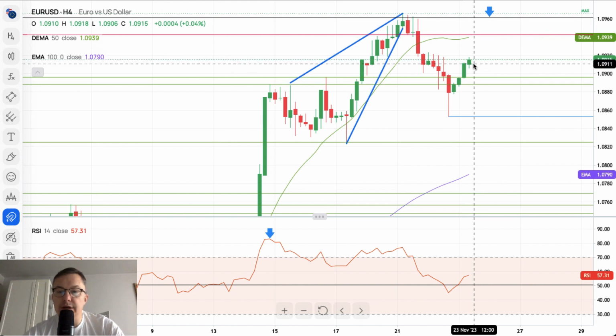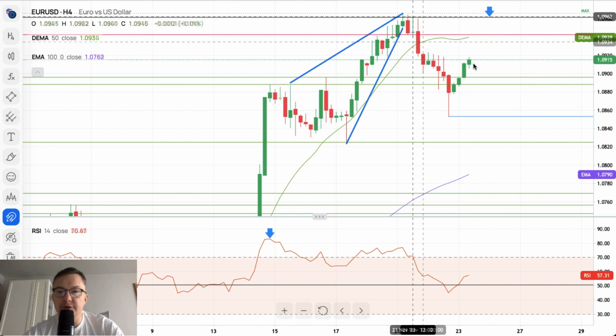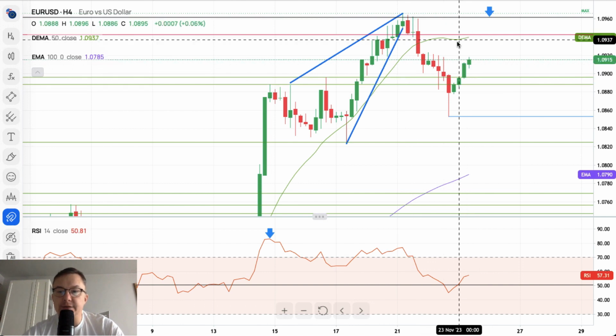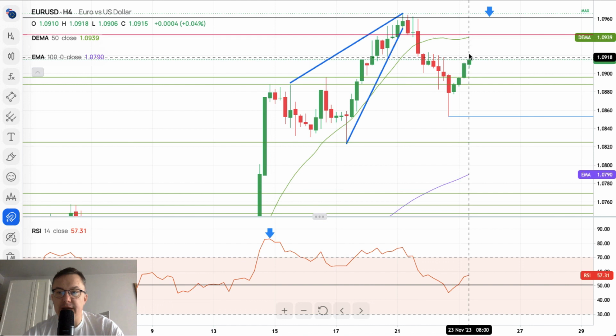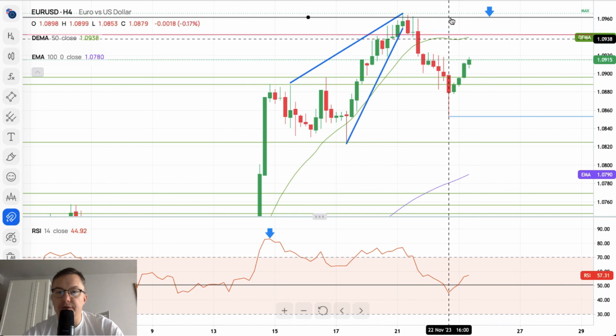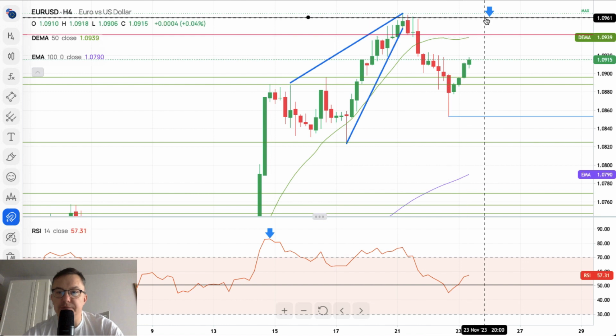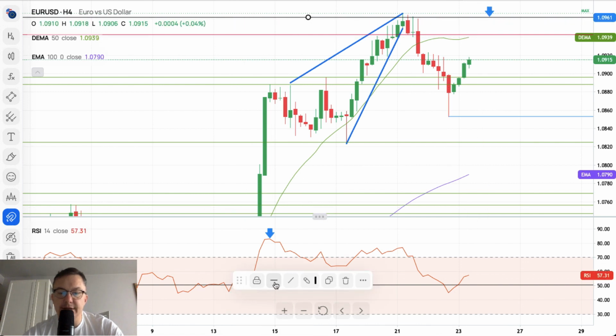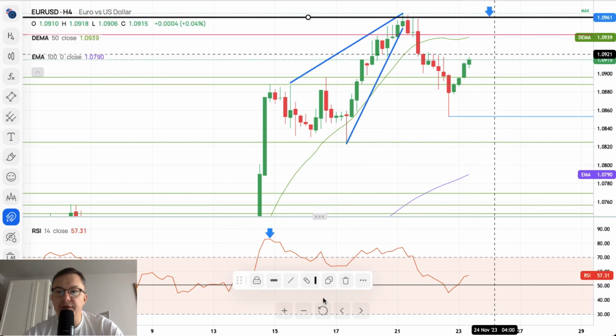What we need to do right now to regain more of the loss during this pullback is to test the 50 periods moving average 1.0939, break above technical resistance 1.0942, and then of course break above the 61% Fibonacci retracement, the big black line. Let me make it thicker.